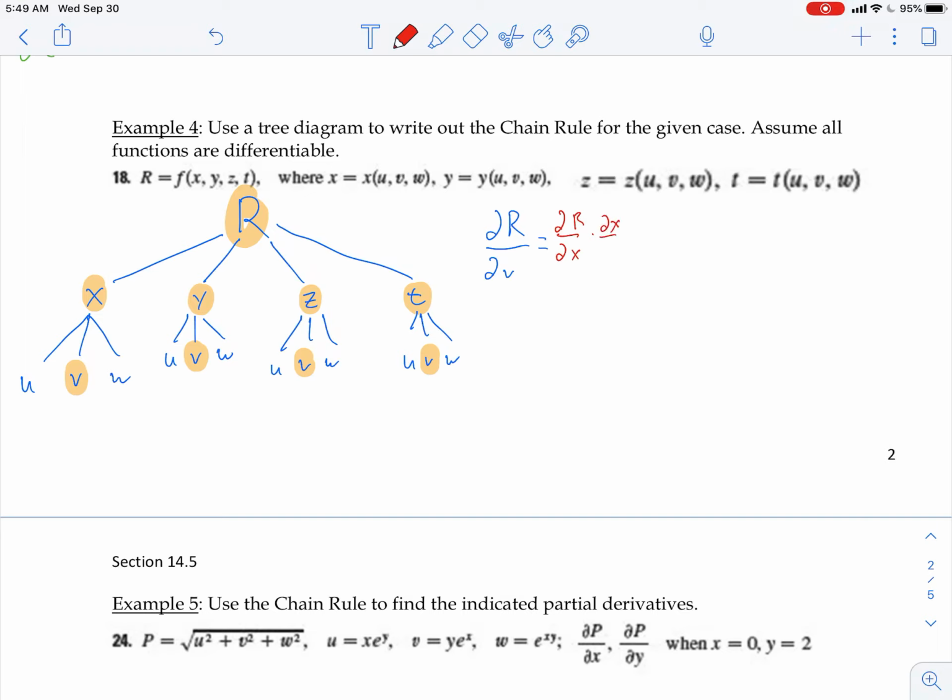So the partial of r with respect to x times the partial of x with respect to v, plus the partial of r with respect to y, and then the partial of y with respect to v, plus the partial of r with respect to z times the partial of z with respect to v, and then plus the partial of r with respect to t times the partial of t with respect to v.